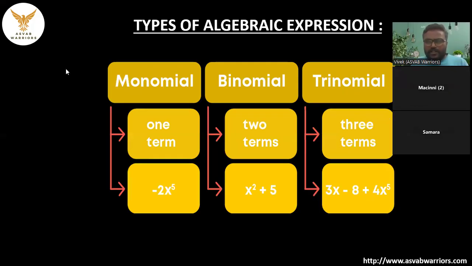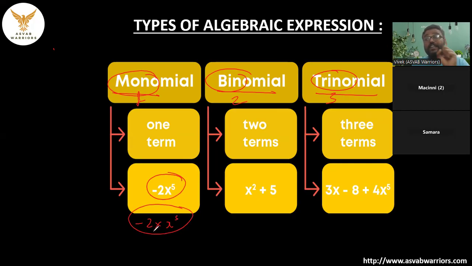You must have heard about monomial, binomial, and trinomial. Mono means one, bino means two, trino means three. So a monomial is any expression that has one term. For example, -2 times x to the power 5 is a single term.